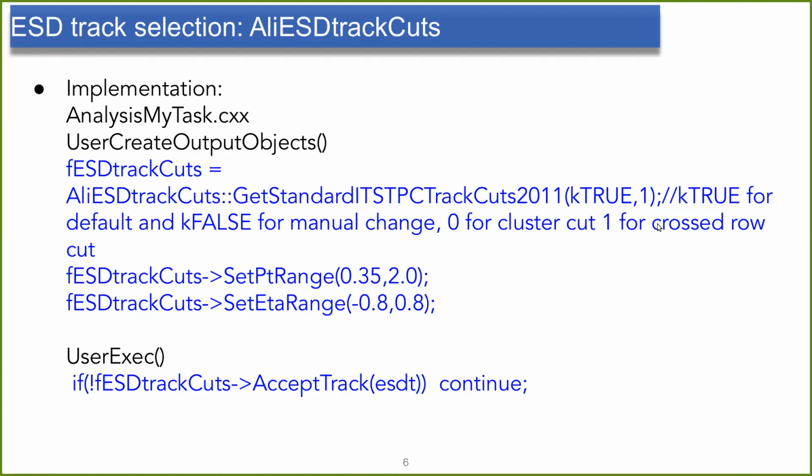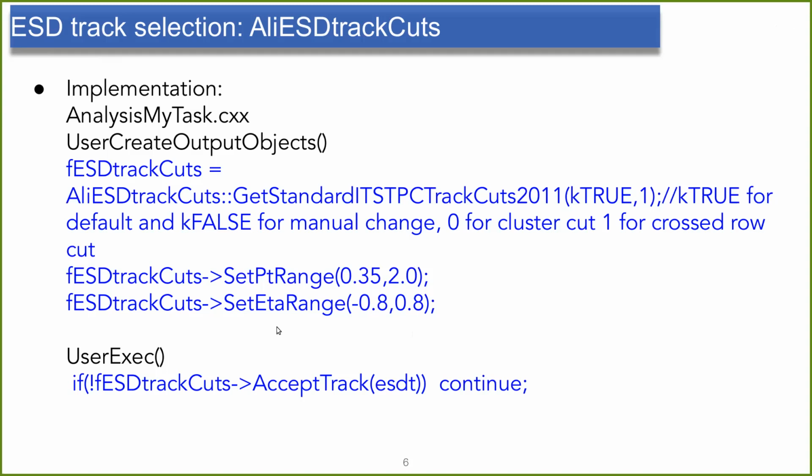So this one corresponds to using the cut on the TPC crossed rows, and if you put 0 here, then you will use the tracks selected upon the cut on TPC clusters. Then one can also put some kinematic range like pT range and eta range in their cut by calling SetPtRange and SetEtaRange. Here one can see I have put that I will only use those tracks in my analysis which have pT from 0.35 to 2 and eta between -0.8 and 0.8.